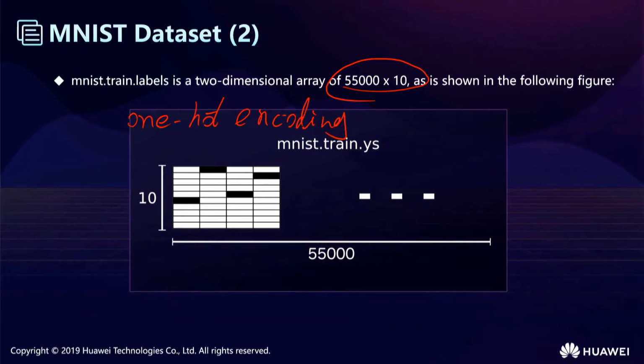In these samples, the length of the vector is 10, and we set all of the elements to 0 except one, which is 1. Then the index of the 1 represents the number of the label.